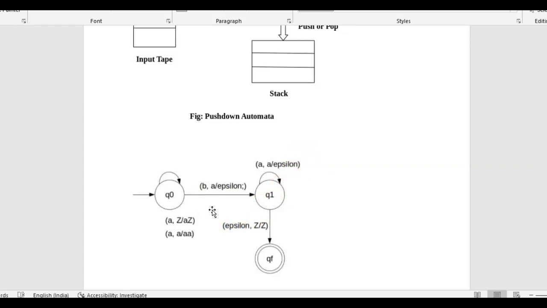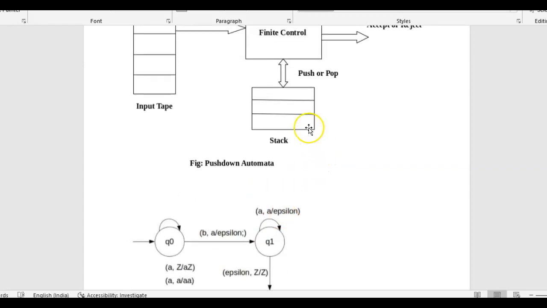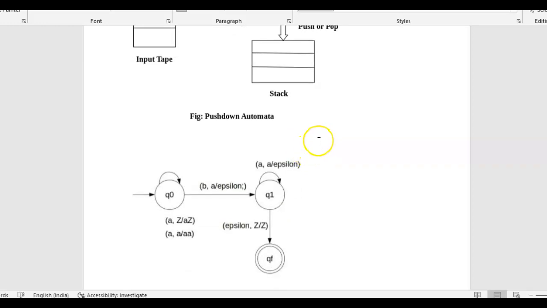That means based on the symbols in the stack, we can say that the corresponding string is accepted. Unless it is explicitly mentioned to use empty stack acceptancy, we generally go for final state acceptancy, which we already went through in finite automata.